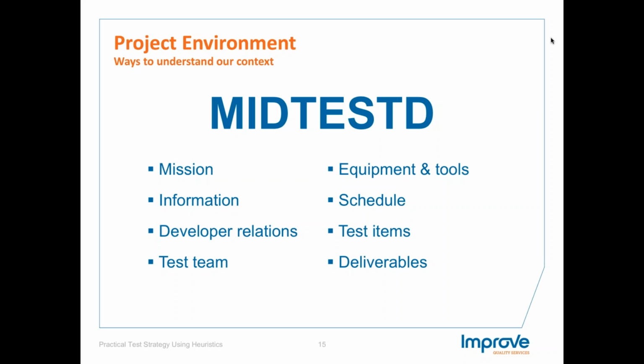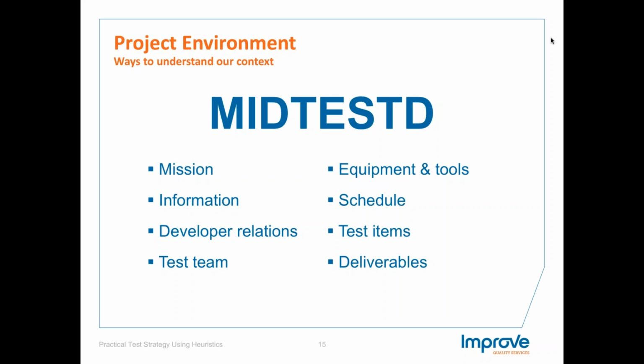Developer relations help me think about the relations I have in my team, but also in the organization or in the projects. The test team zooms in on who's doing the testing, what are the skills, what can we learn from each other, stuff like that.